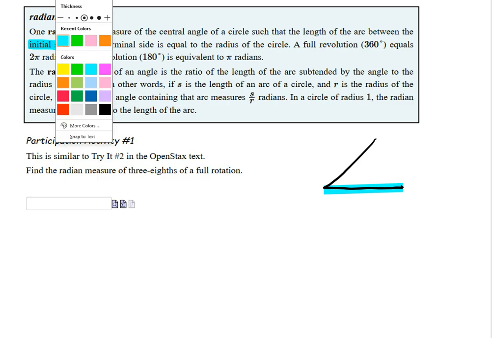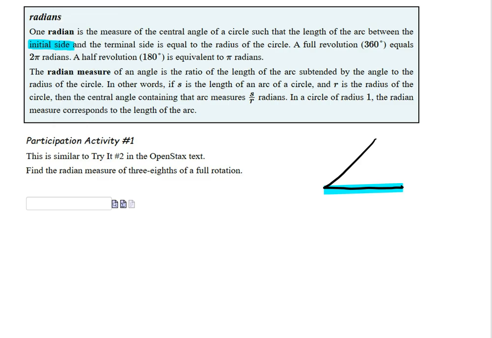So it starts there, and then it says the terminal side. The terminal side would be this side, which is where it ends, because your rotation starts on the blue and rotates. I can't show that with a pen, but it's like that horizontal line moves and rotates, so it started where the blue is and it ends where the green is.